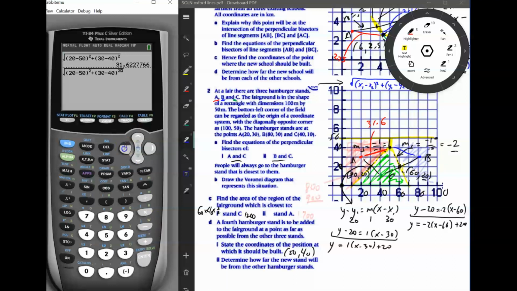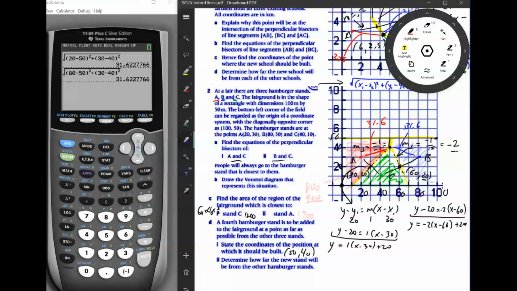So we'll change the first number in this expression to 80, because instead of 20, 30, it's going to be 80, 30. So we change the 20 to the 80, and the 30 is the same. So all we need to do is change that to an 8. And, oh, the distance is also 31.6.